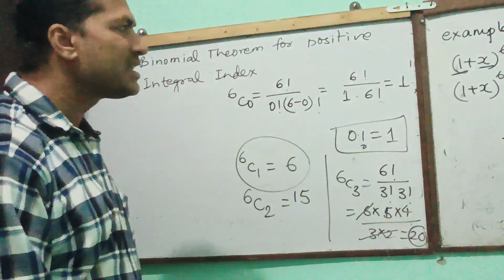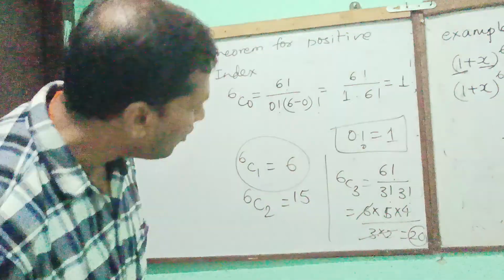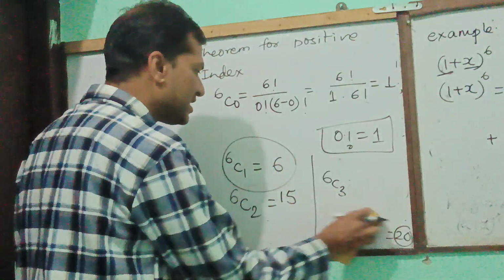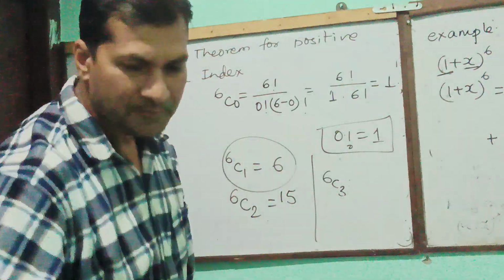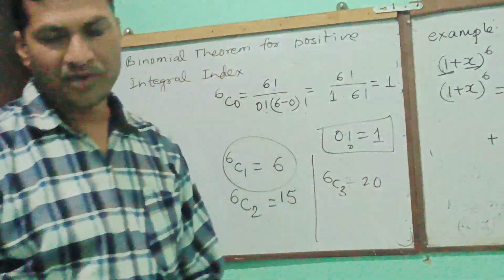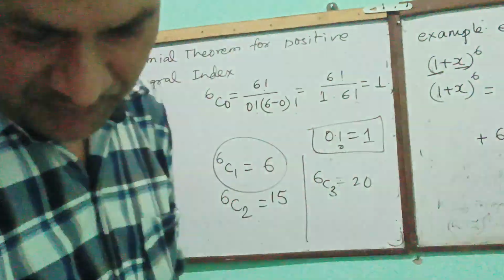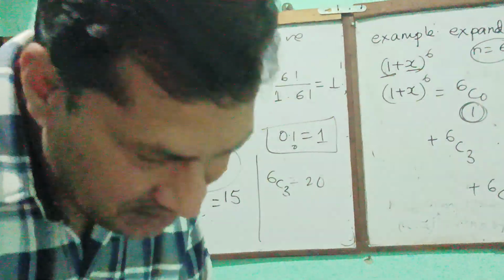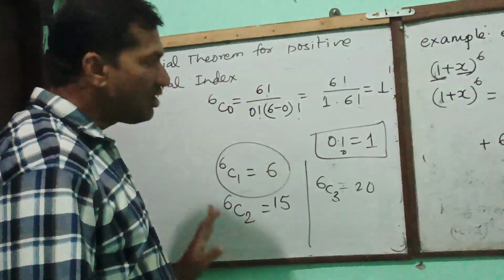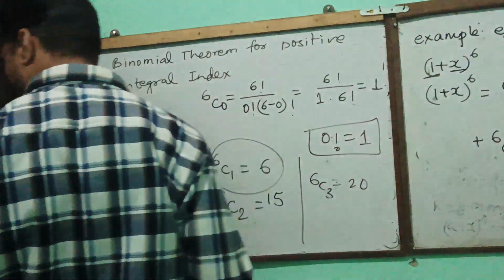So 6C3 is 20. Now go for the last one from the last row. 6C3 is 20.